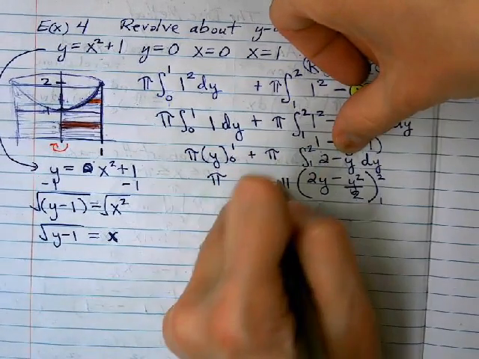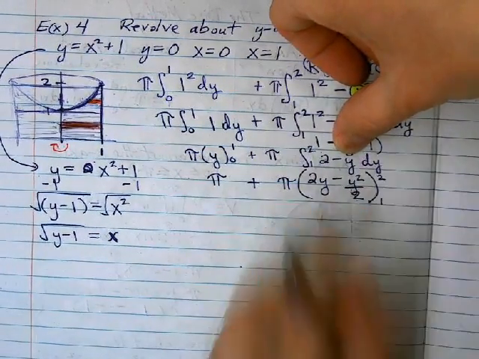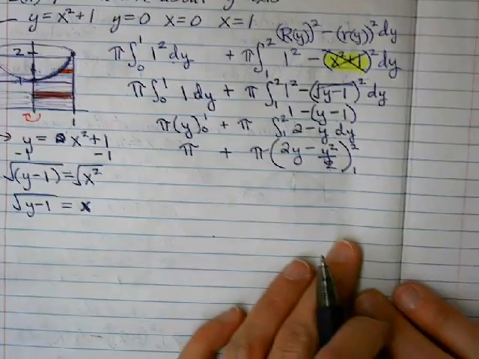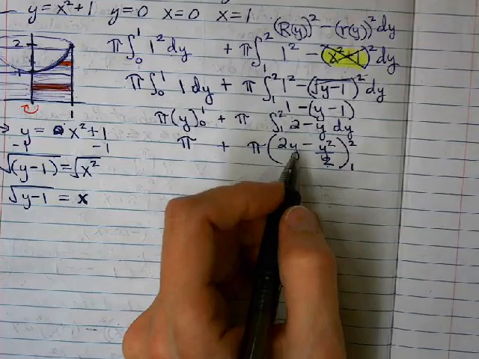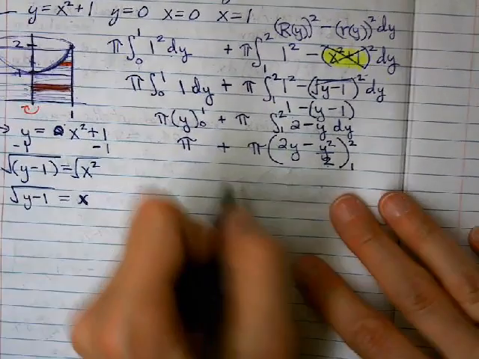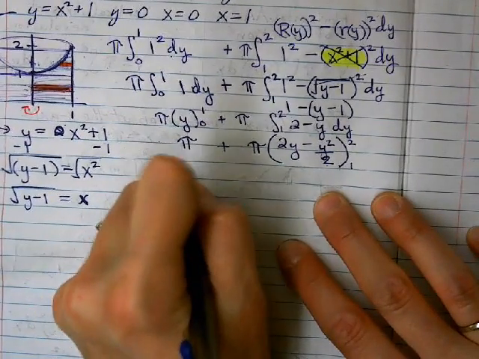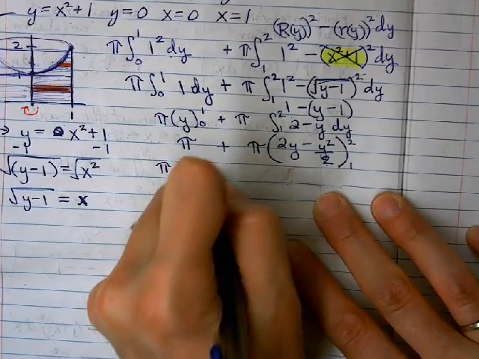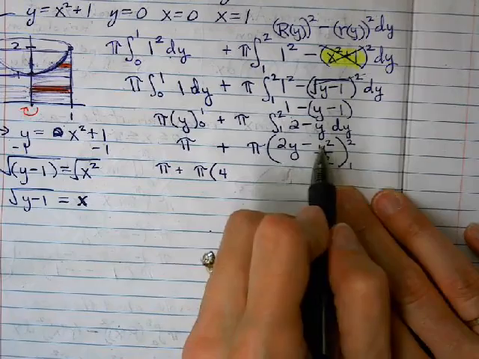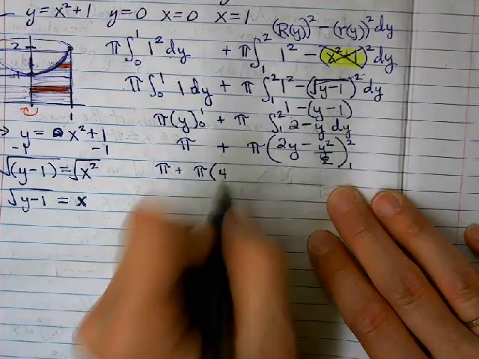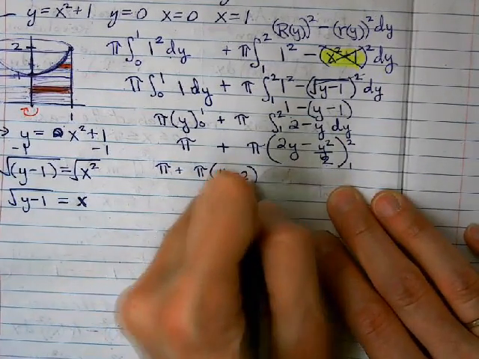Okay, so I'll plug in 2. Copy what I got so far. Plug in a 2, that would give me 4. Let's see, 2 squared is 4, 4 divided by 2. So I'd have 4 minus 2, minus, now I plug in a 1, and I get 2 minus a half.